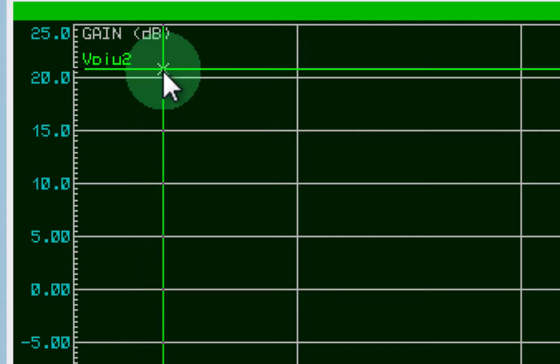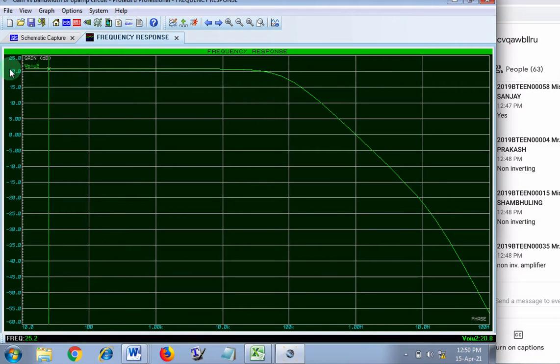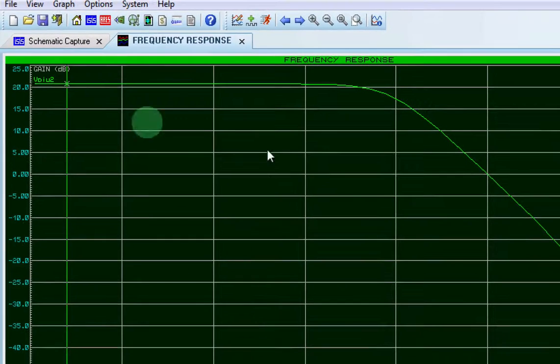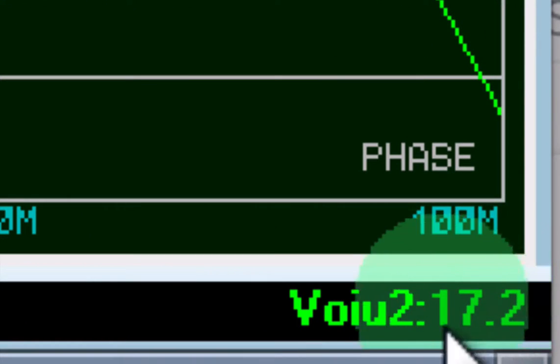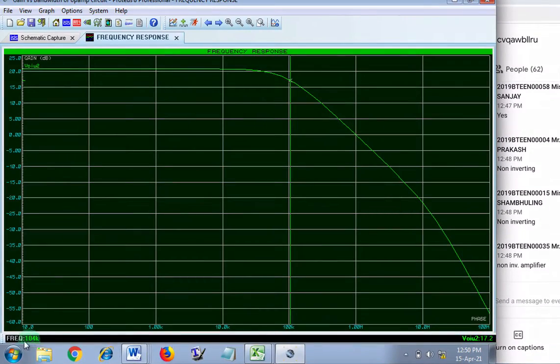Okay, and what is the bandwidth? For bandwidth we have to go to -3 dB. So 20.2 minus 3 dB, that is 17.2. So we'll find out where the 17.2 point is. Yeah, 17.2, you can see here, minus 3 dB, and then we'll find out what the frequency is.